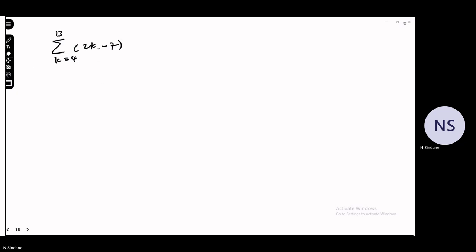If we're given something like this, the first thing is to write this in terms of a series, which will be 2k minus 7 plus 2k minus 7 plus 2k minus 7, and so on. There's no need for you to write all of them from 4 to 13. Just the first 4 is fine, or the first 3 is fine.